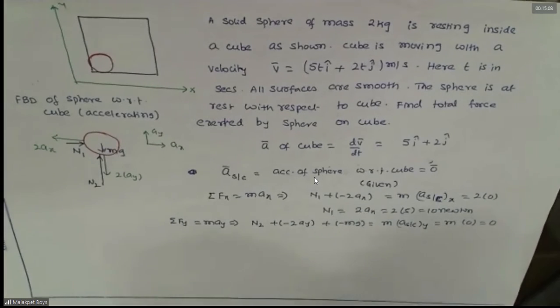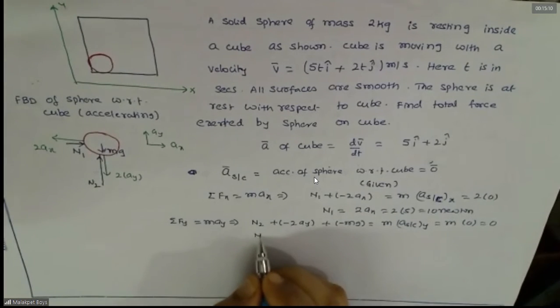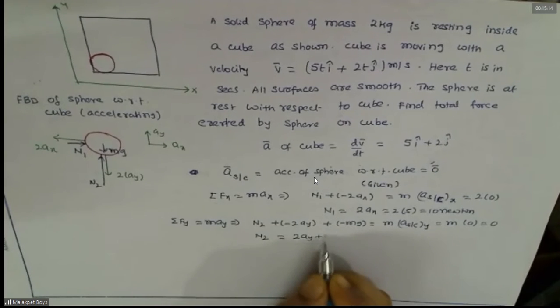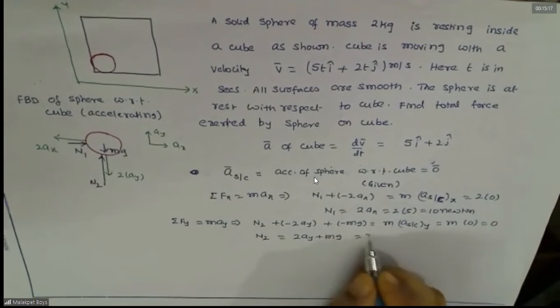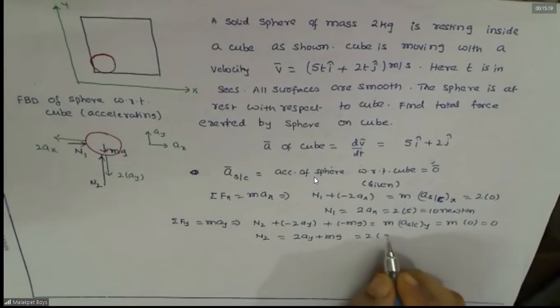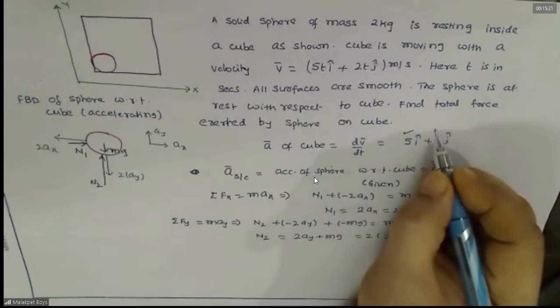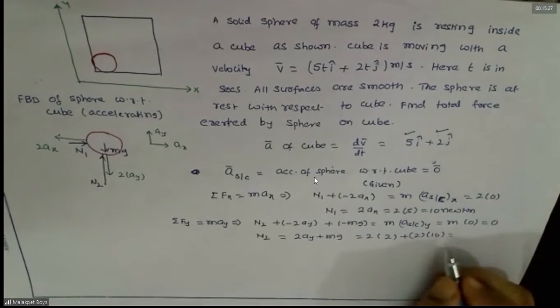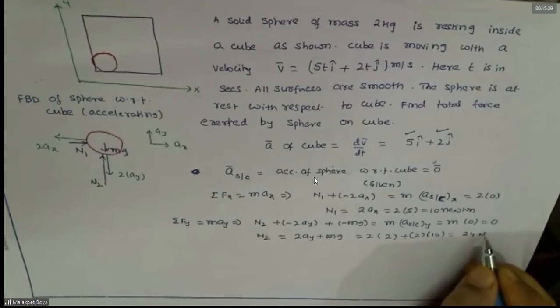Yes, sir. Agreed. So here this is N2. This is nothing but Ay, how much? 2. This is Ax, this is Ay, no? Plus 2 into 10. 24 Newton.